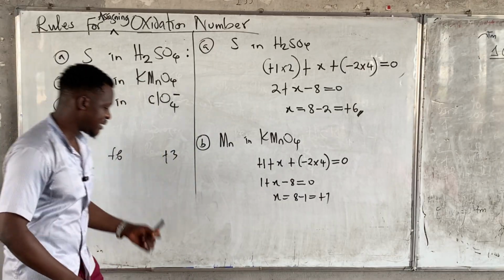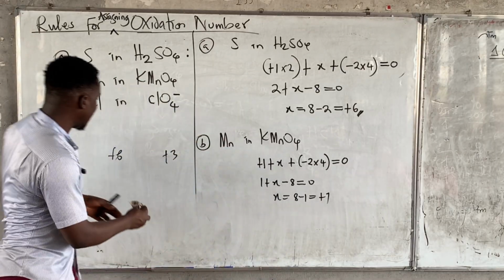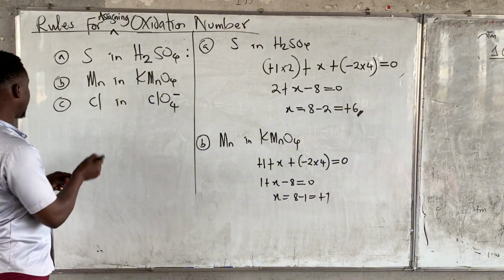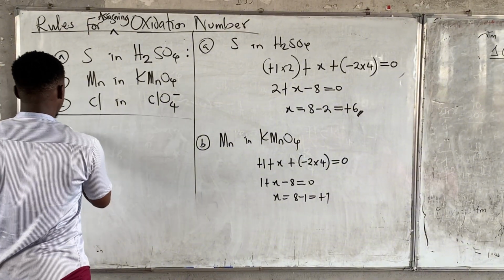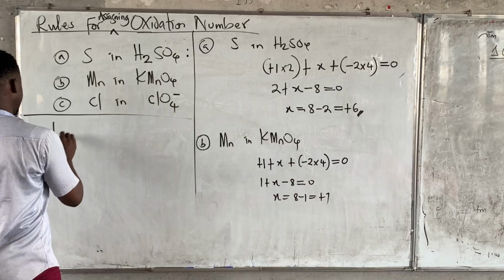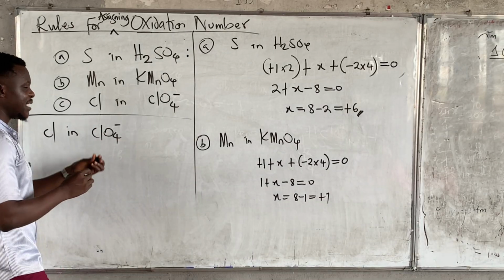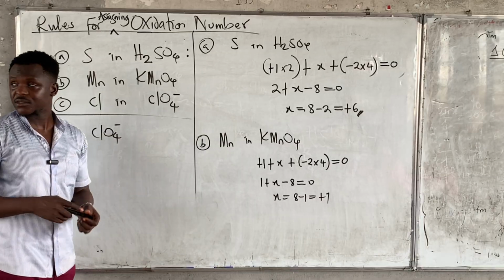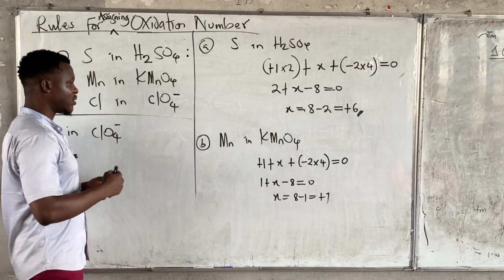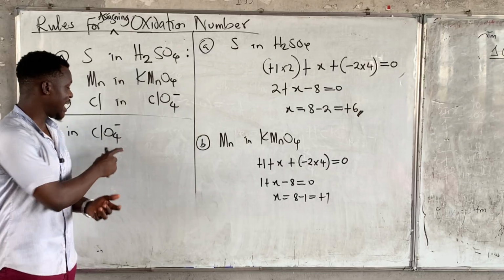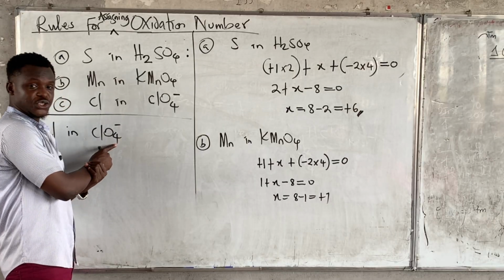So let's solve for the last one, then we'll look at redox reactions. For the C part, we have ClO4-. Now this is a polyatomic ion. Polyatomic simply means it contains more than one atom. This has 5 atoms, 4 oxygen and 1 chlorine.